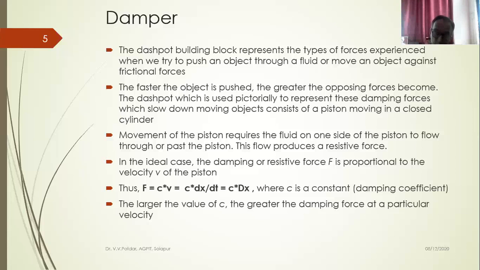I will have a damper proper in the form of a shock absorber, and taking the case of a motorcycle, I will have the inflated tube. Now that air is doing the work of cushioning. As the vehicle goes over a bump or through a ditch, the tire being flexible, the inflated tire gets compressed and the air gets compressed.